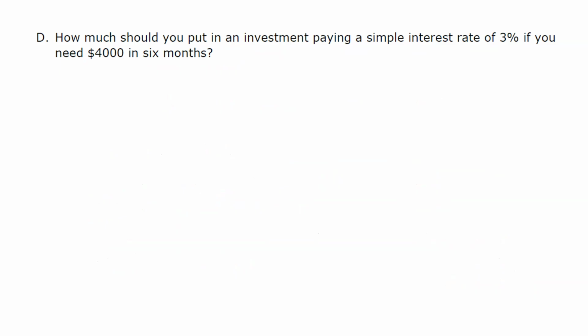Okay. All right, next. How much should you put in an investment paying a simple interest rate of 3% if you need 4,000 in 6 months? Okay. So we know our rate is 3% and we need 4,000. So that means this is going to be our future value and our time period is 6 months. Okay. So A equals 4,000.